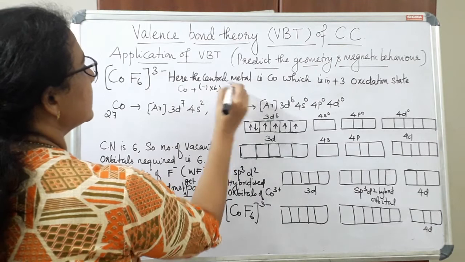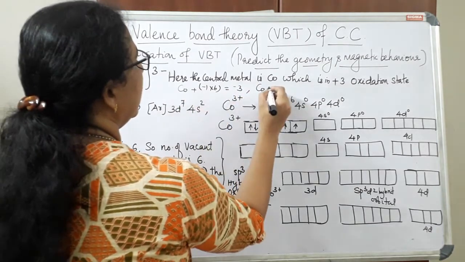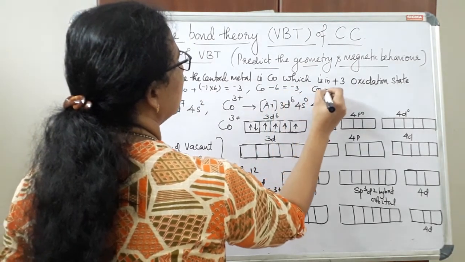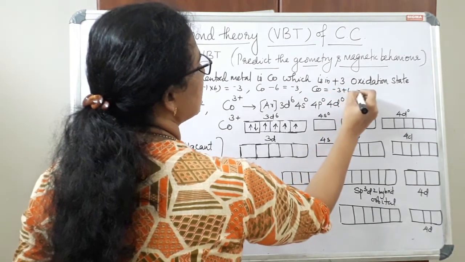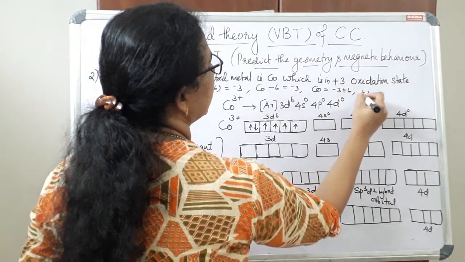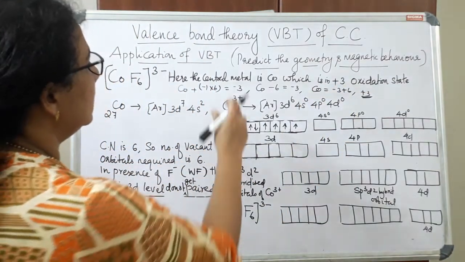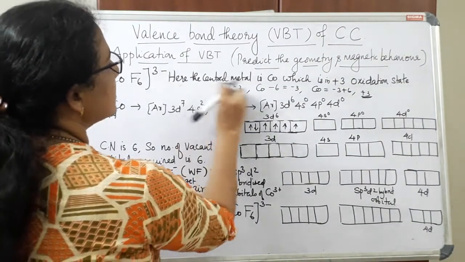So Co minus 6 equals -3, that is Co equals -3 plus 6, so that is equal to +3. So you know how to find out the oxidation state. Here this cobalt is having a +3 oxidation state.